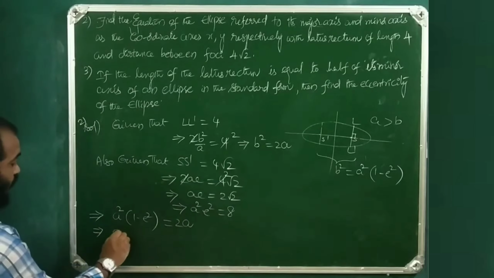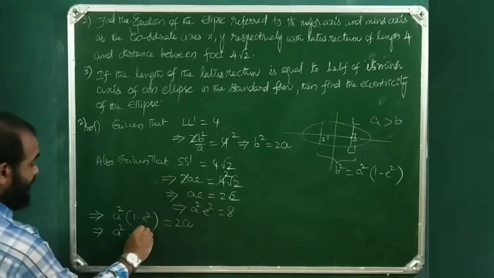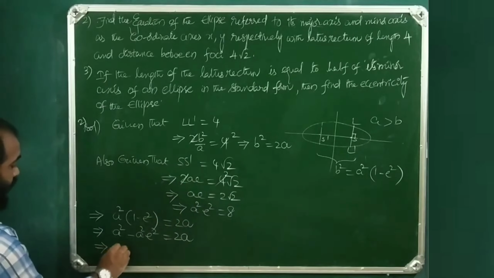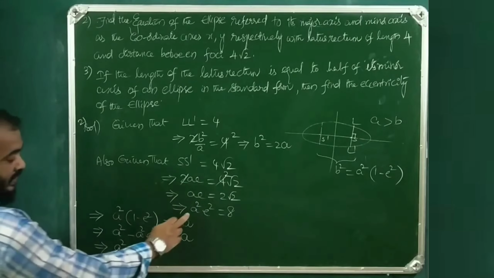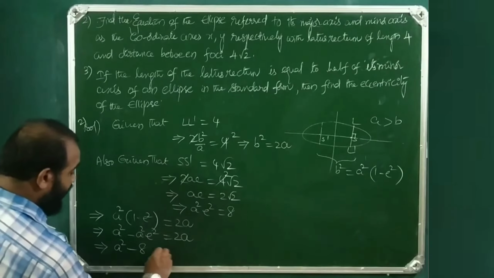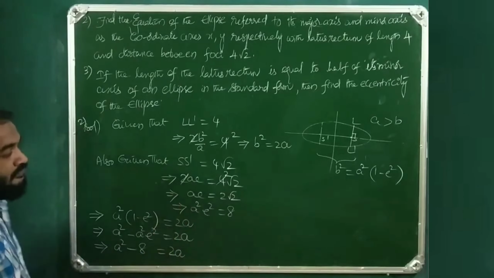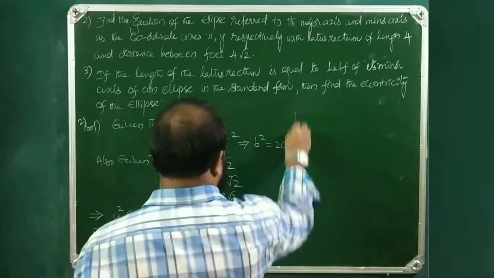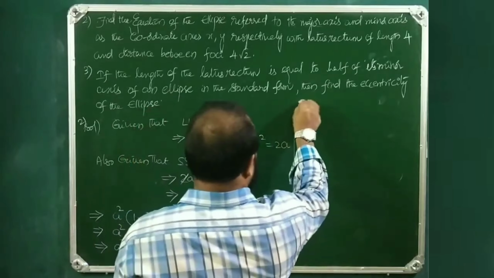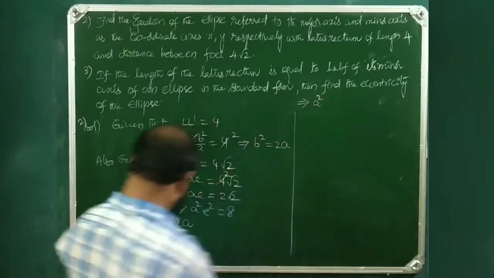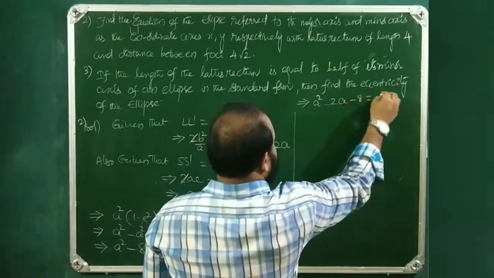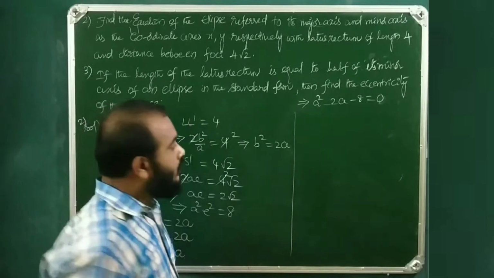From this, a square minus a square e square is equal to 2a. So a square minus 8 is equal to 2a, that is a square minus 2a minus 8 equals 0.